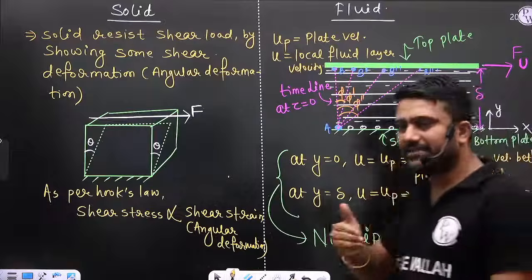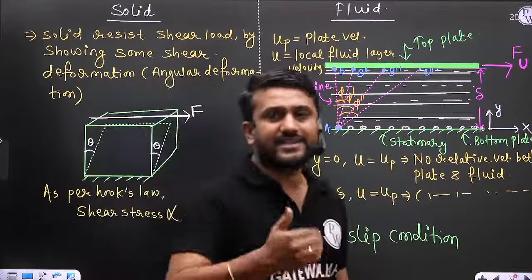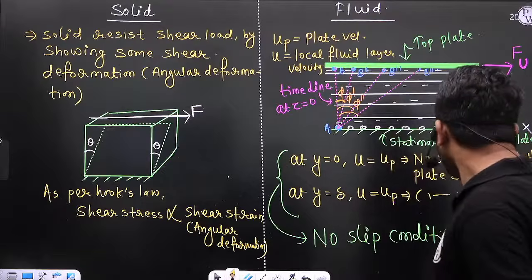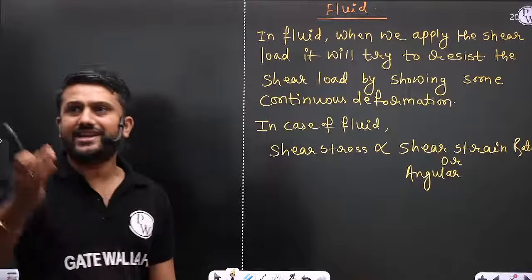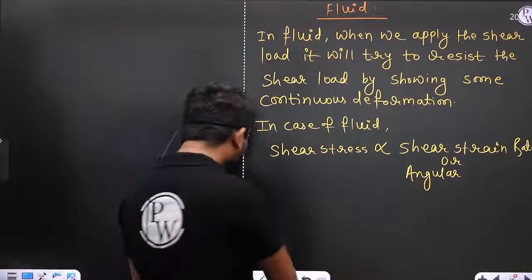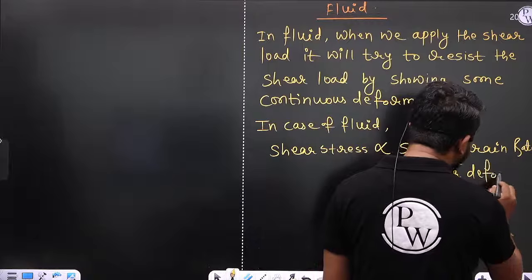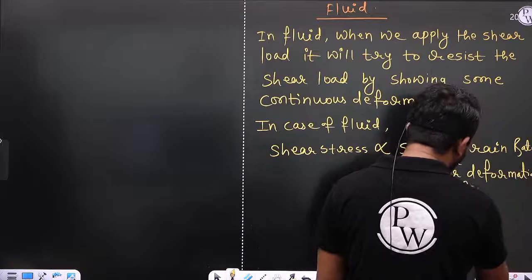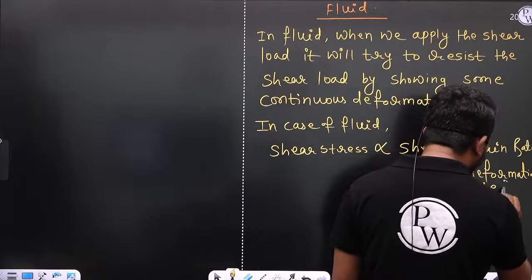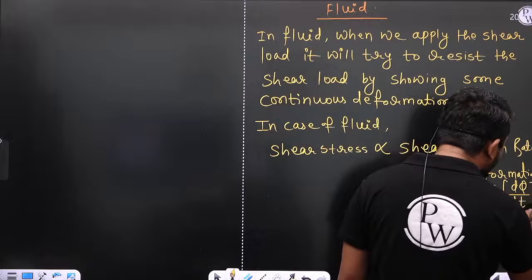So the shear stress experienced by the fluid layer is directly proportional to the shear strain rate, or we can say angular deformation rate, that is nothing but d phi by dt.